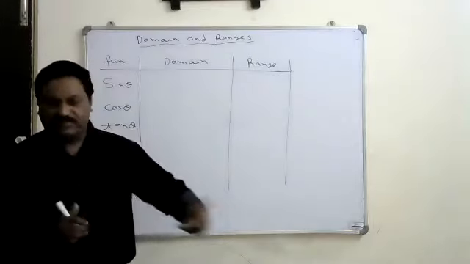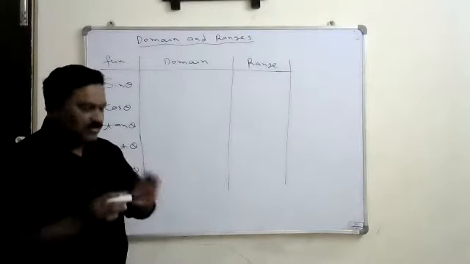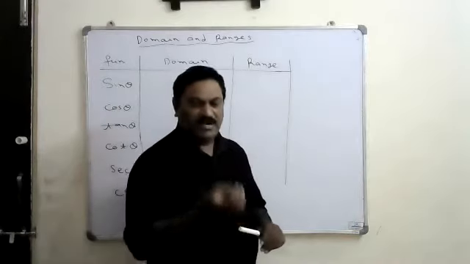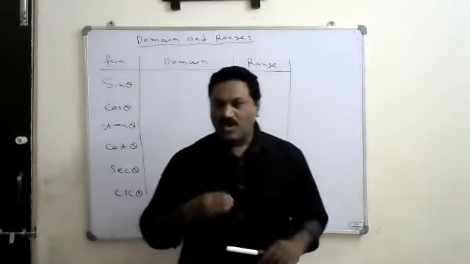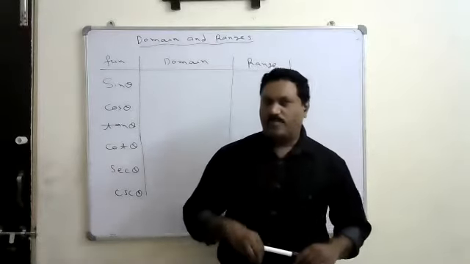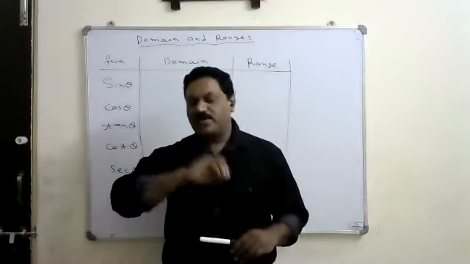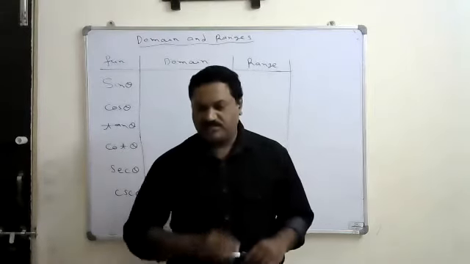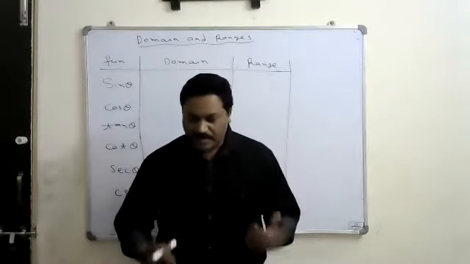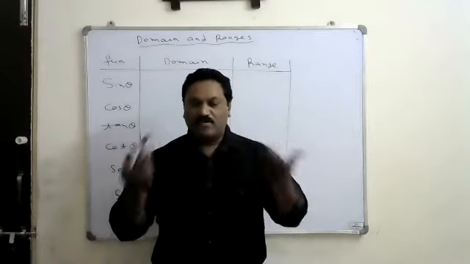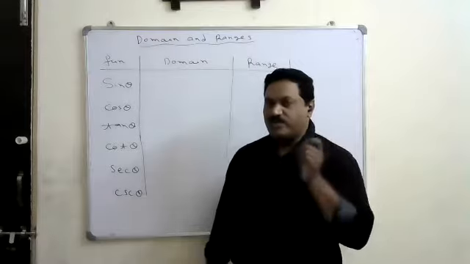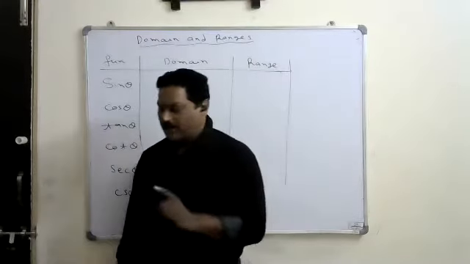Simply, we can explain it like that: domain is nothing but input, what we can give. Range is nothing but the output, what that function is going to give. Okay. Domain is the input, range is the output.